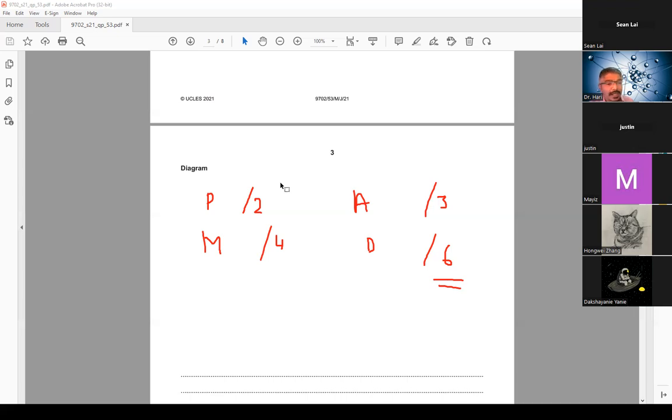Okay, the diagram must be workable, something that when someone reads your script, he or she is able to reproduce the experiment. This is the whole purpose of paper 5. You're writing a scientific report, a scientific procedure, how an experiment is conducted to verify a particular relationship.